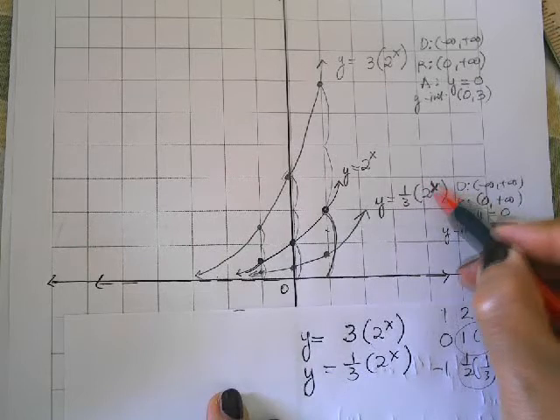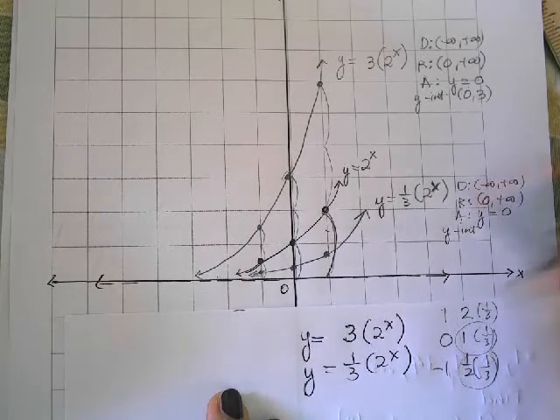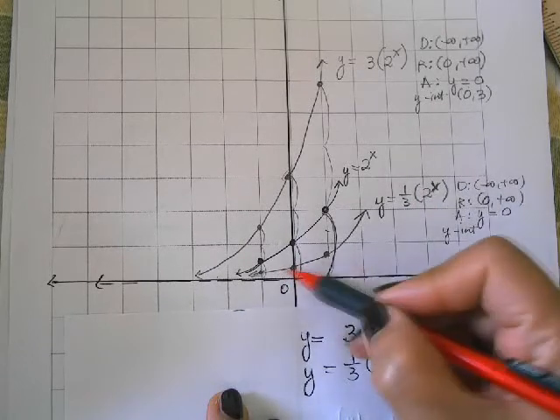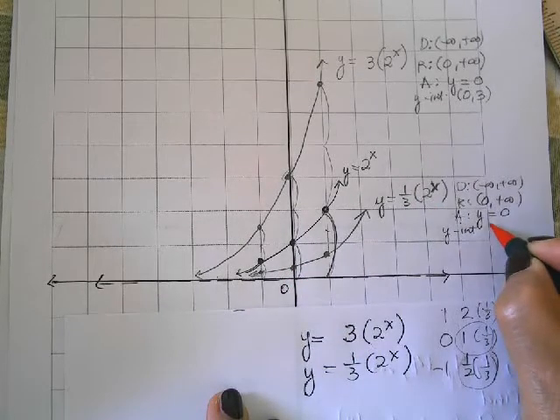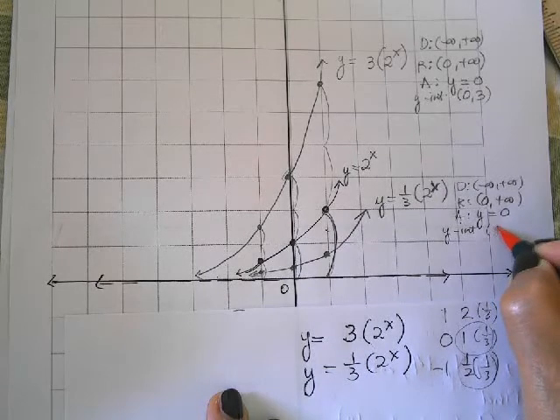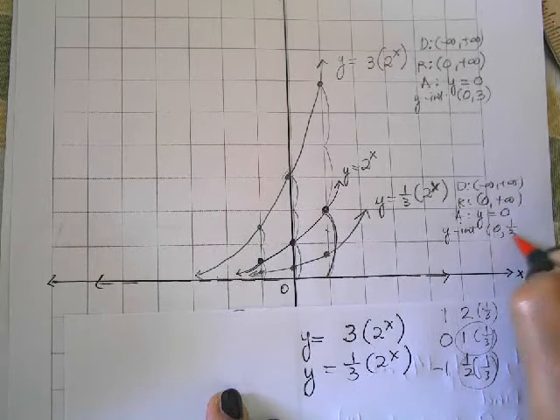How do you find the y-intercept? You make x 0, so this is 1 times 1/3. But if you have the graph, you just look at the graph. You could just say y equals 1/3, but it might look like a line, so just give the point (0, 1/3).